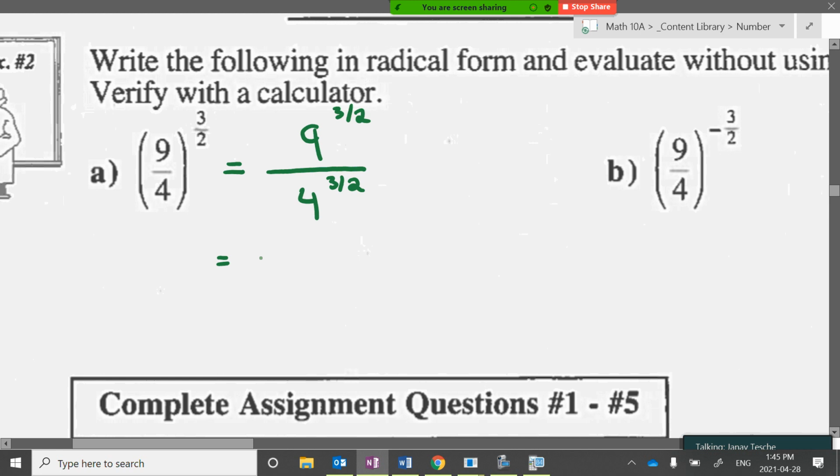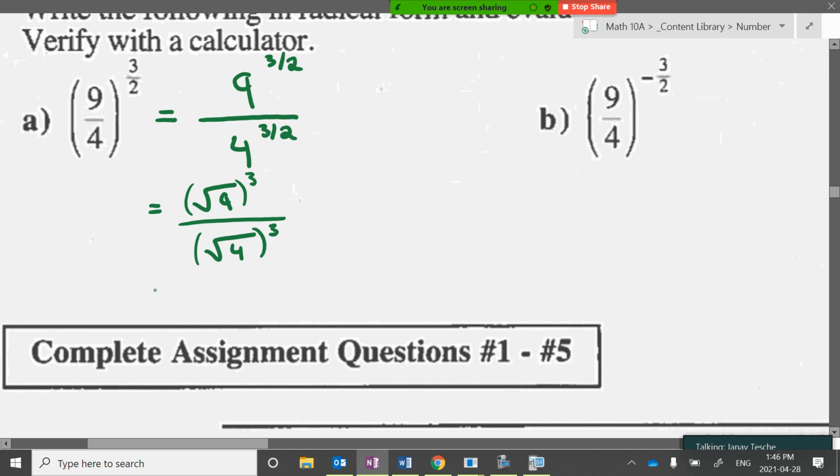So then it's the square root of 9 to the power of 3 over the square root of 4 to the power of 3. Square root of 9 is what? 3. So then I get 3 cubed over 2 cubed, which gives me 27 over 8.